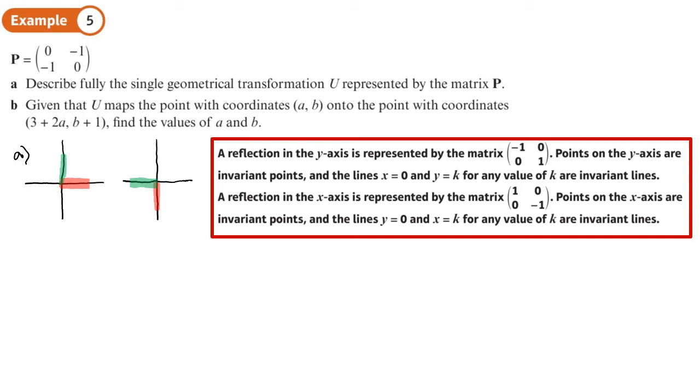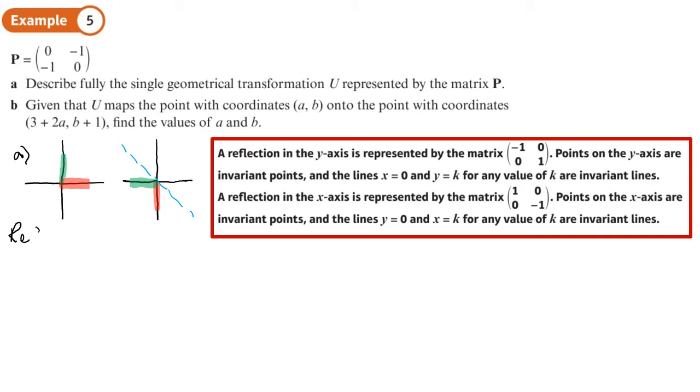Now, it can't be a rotation, because you can see that all of the colors would be different. The green would be down at the bottom if it was a rotation, so it's not a rotation. So it's got to be a reflection. So we just want where their mirror line is, and it looks like the mirror line is here. So that's a reflection in the line y equals -x.